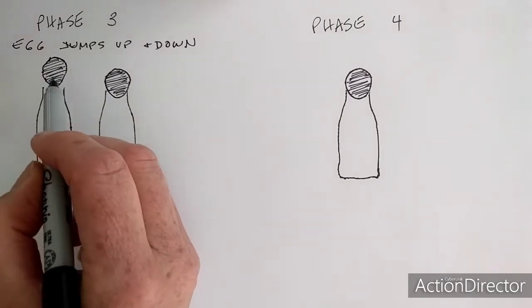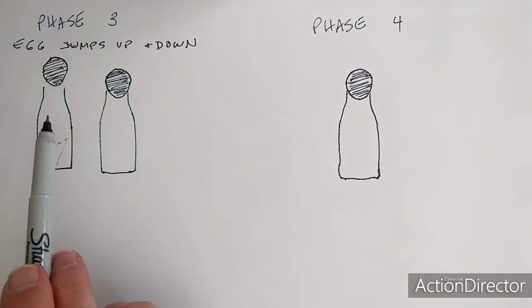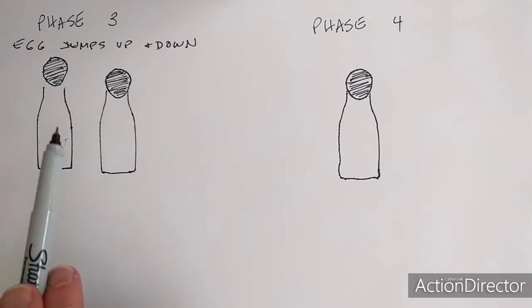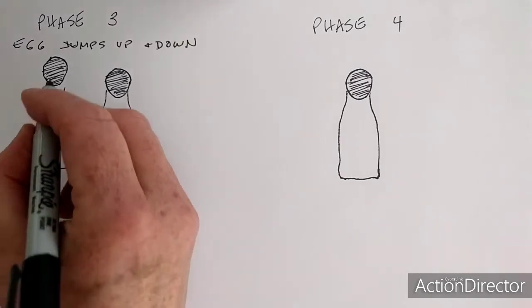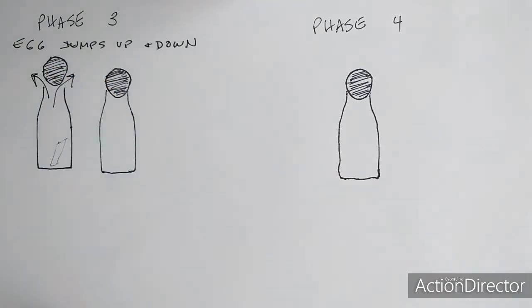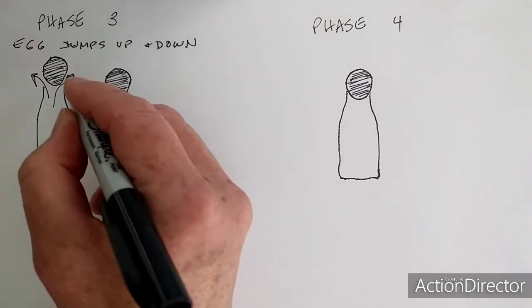The egg jumps up because the pressure inside is higher than the pressure outside of the bottle, because of our fast-moving particles and because we have more particles of gas. So we have particles escaping when that egg jumps up. Then it seats down and then hops up.